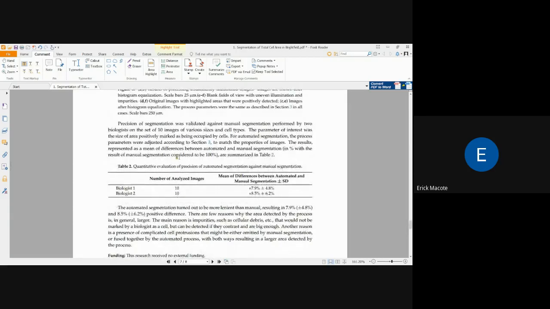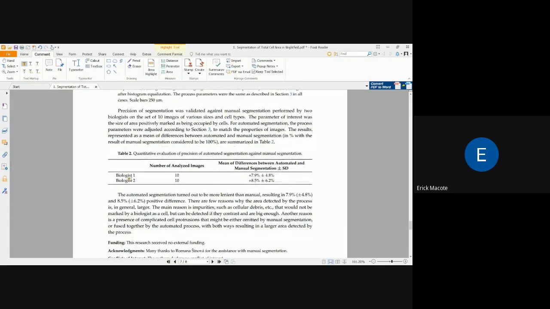the precision of segmentation was validated against manual segmentation performed by two biologists on a set of 10 images of various sizes and cell types. The table provides information about the results, represented as the mean of the difference between automated and manual segmentation.